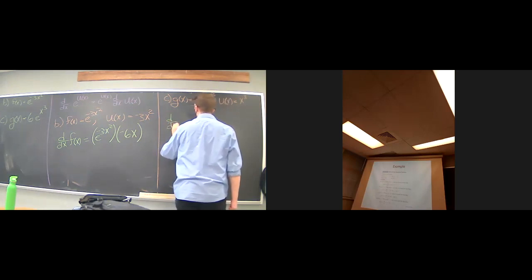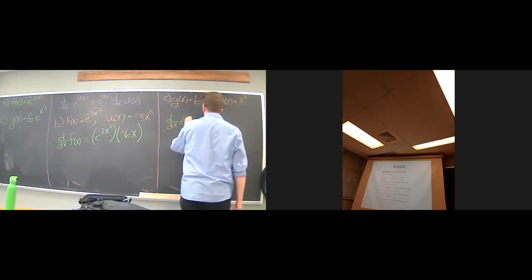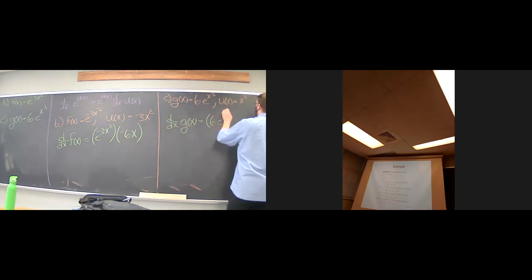So the derivative of g of x, it's going to be a rough day for me, I can tell it already. This thing's going to come out to be 6 e to the x cubed times the derivative of u of x, which is going to be 3x squared.